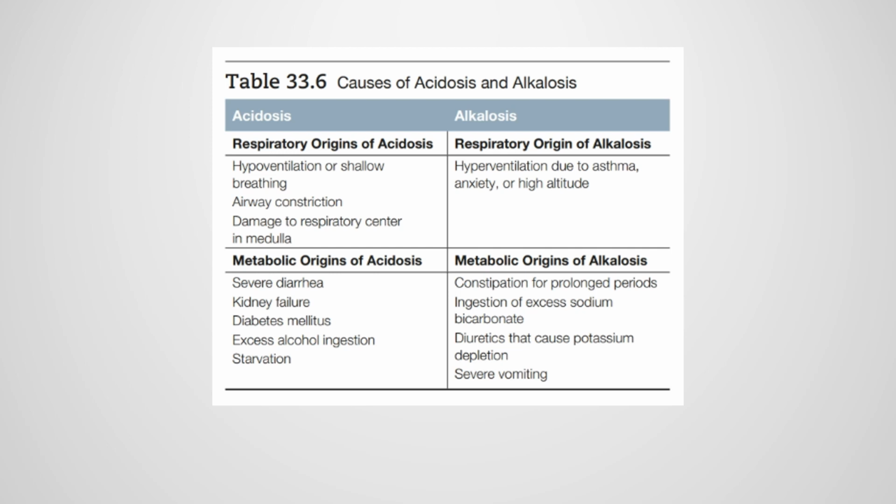And in the process of breaking those fats, you're making lots and lots of acids. So you get a metabolic acidosis when you have diabetic ketoacidosis and really poorly controlled type 1 diabetes.